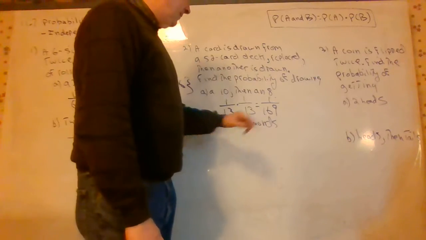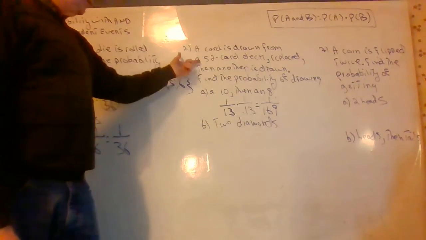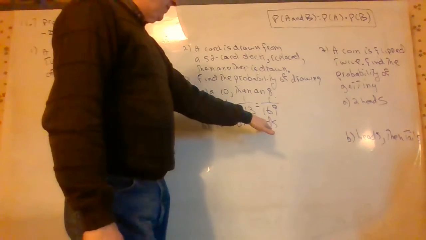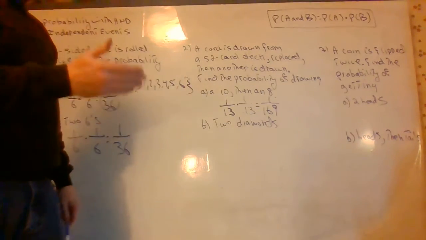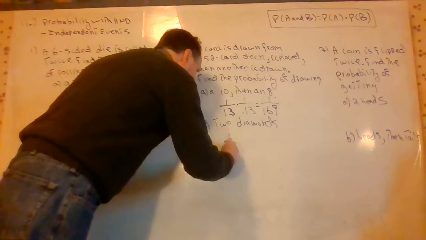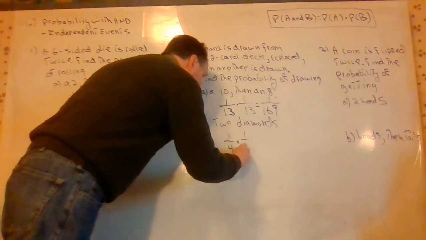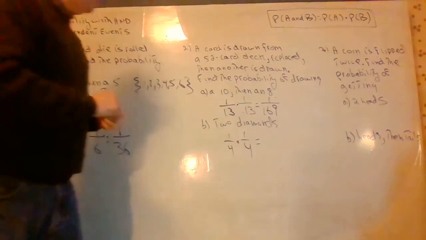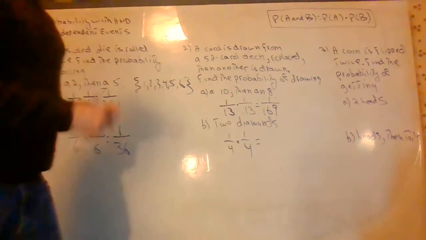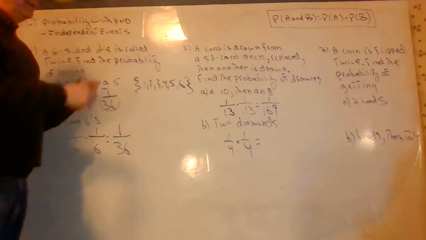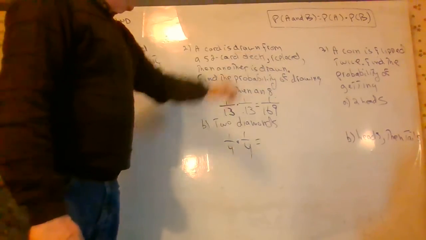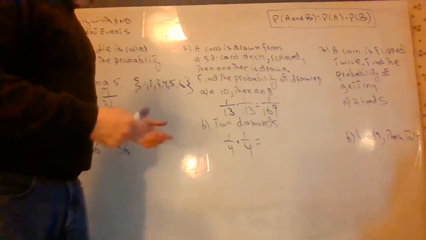Two diamonds, same thing here. There are 13 diamonds out of 52, but we can just consider the sample space of diamonds, clubs, hearts, spades, 4 items. Diamond is 1 out of 4 times 1 over 4. Now you draw it and replace it, and presumably we're going to shuffle it up, and the card we draw on the first draw will not influence the card we draw on the second draw.